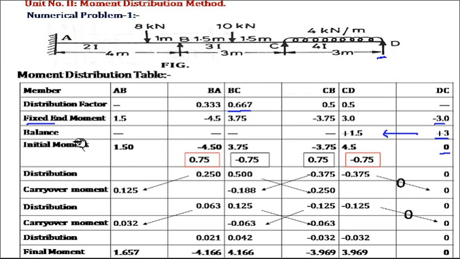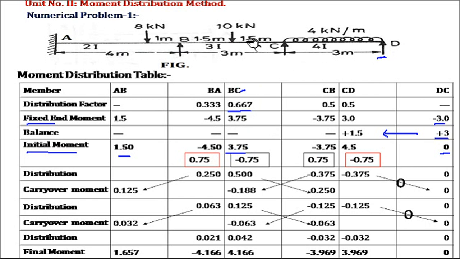After applying the balance, the next step is to find the initial moment. Initial moments are the addition of fixed moment plus balance. The initial moment in member AB is 1.5 plus 0, so 1.5. In member BA, it is minus 4.5 plus 0, so minus 4.5. In member BC it is 3.75 plus 0, so 3.75.